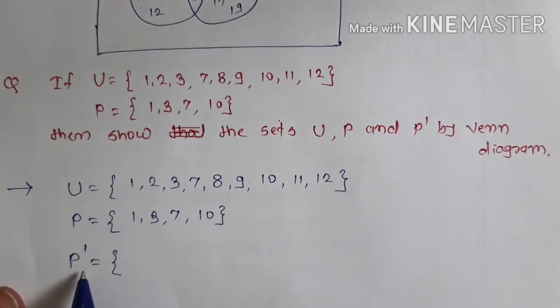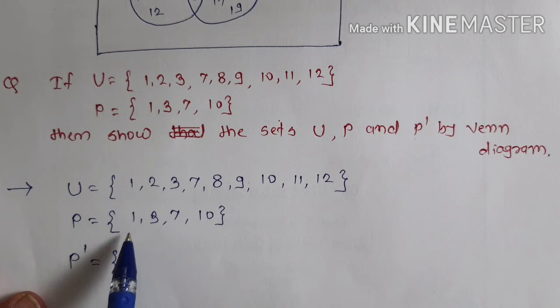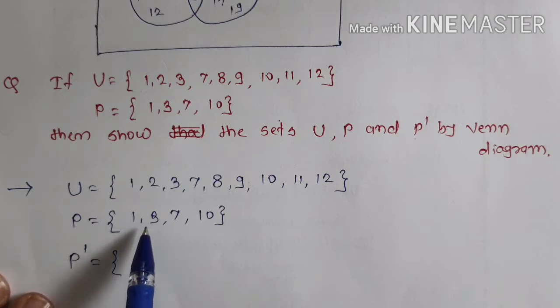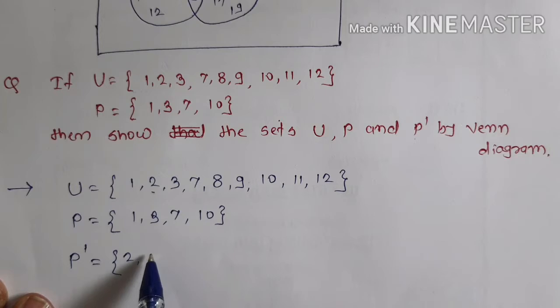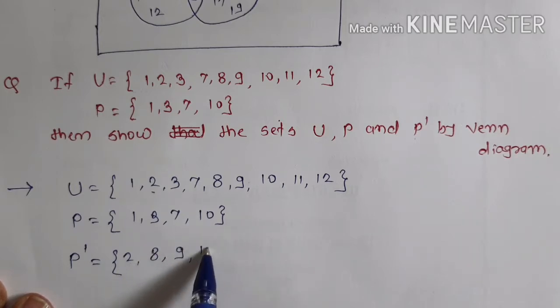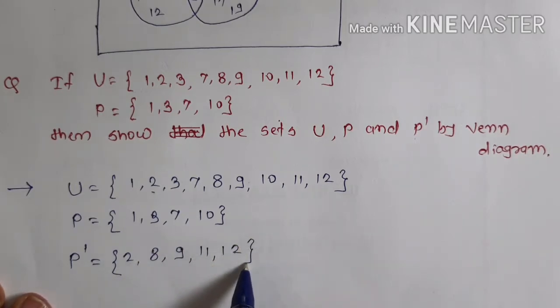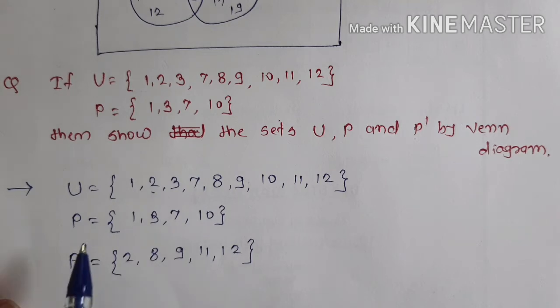So complement of P, we represent it as those elements which are in U but not in P. The elements which are not in P but are in U are 2, 8, 9, 11 and 12. So these are the two sets P and P dash.